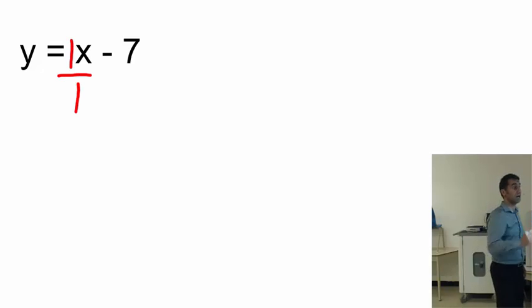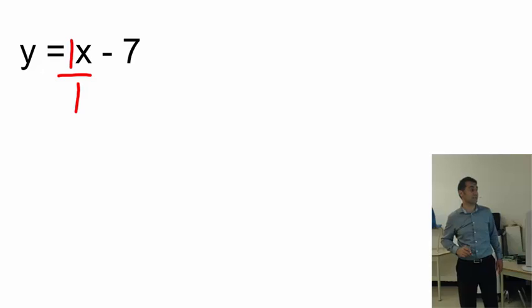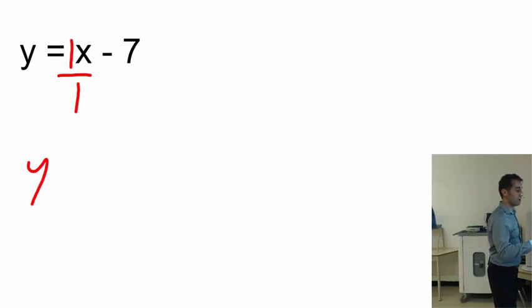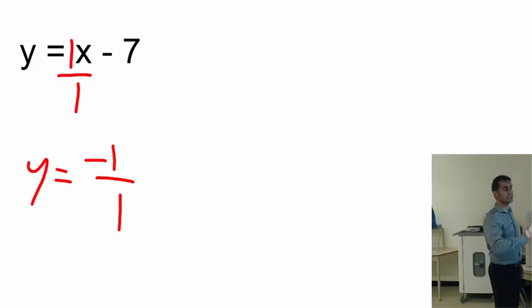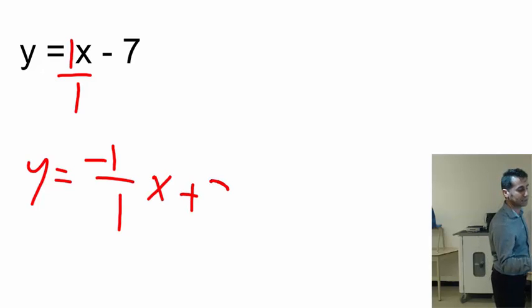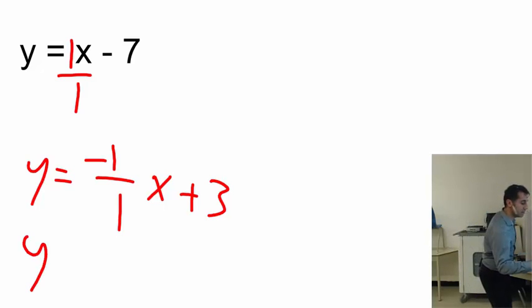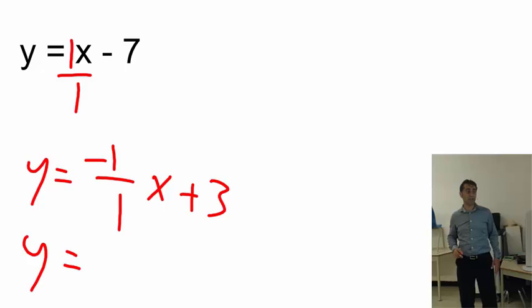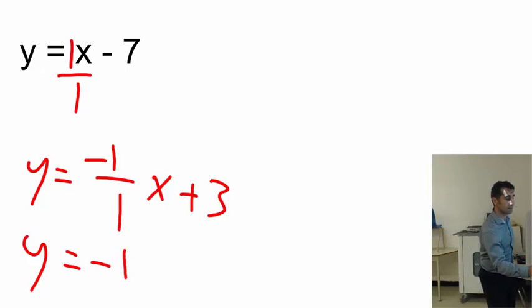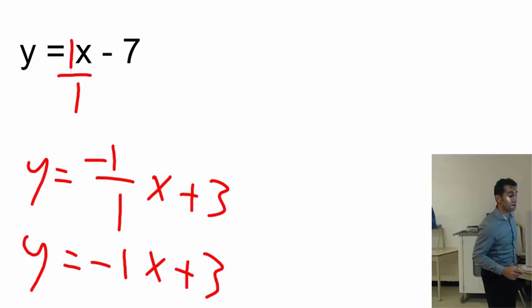Over here, I don't have any numbers. So that means in front of x, we have 1. And I need a fraction. So I'm going to add 1 as the denominator. So y equals 1 goes up, the other one goes down, opposite sign, x plus 3, let's say. But I'm not going to leave my equation like that because minus 1 divided by 1 will give me negative 1. x plus 3.